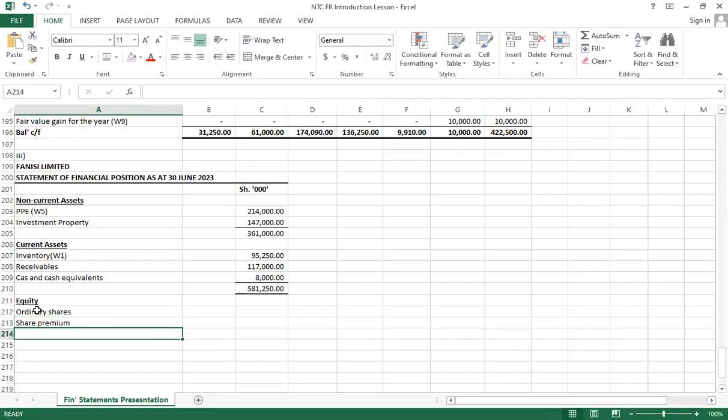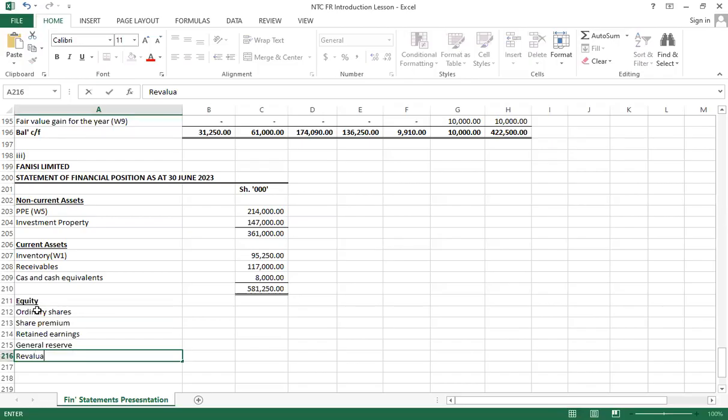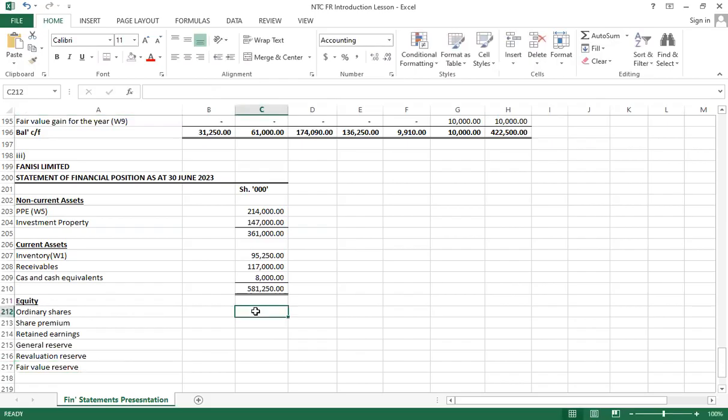I will just list them first, followed by the retained earnings, and then the general reserve, followed by the revaluation reserve, and then the fair value reserve.